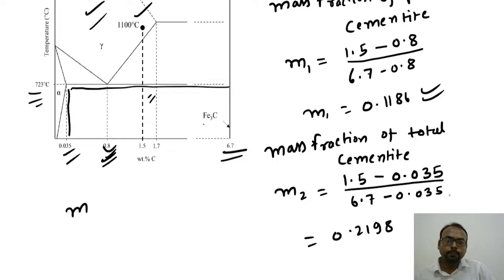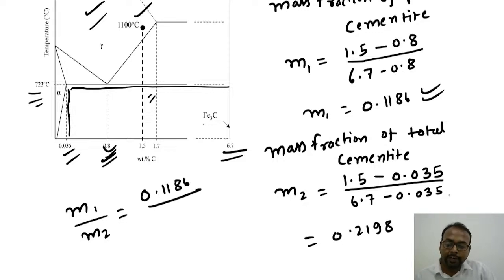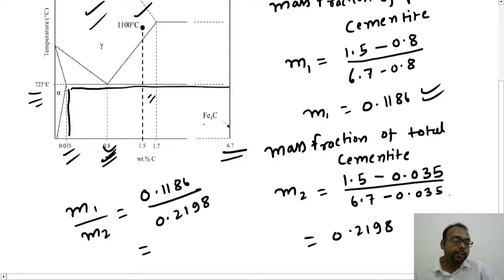Now we will find out the value of m1 by m2, and this value comes out to be 0.1186 divided by 0.2198. So finally what do we get? We get the final value of 0.54.